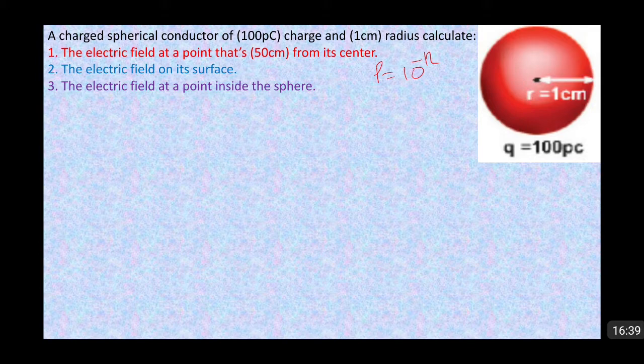The charge and 1 centimeter radius. Calculate the electrical field at the point that is 50 centimeters from its center. Second, the electrical field on the surface, and third, the electrical field at a point inside the sphere.